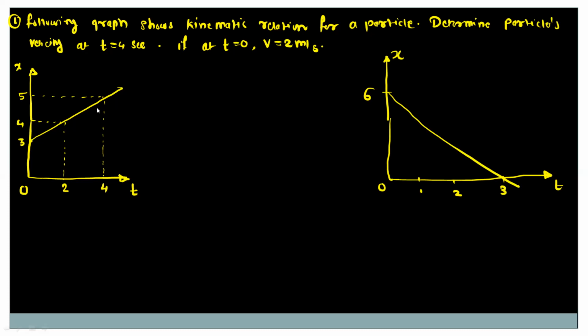Okay, so this graph represents the kinematic relation for a particle. Okay, and we have to determine the particle's velocity at t is equal to 4 seconds.